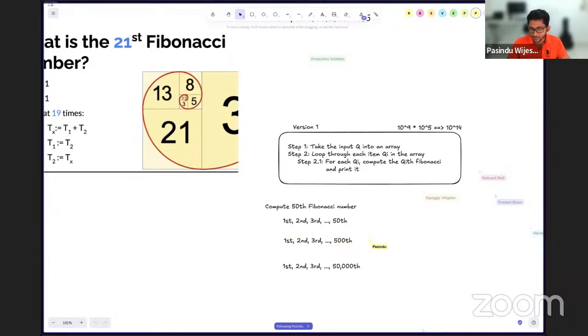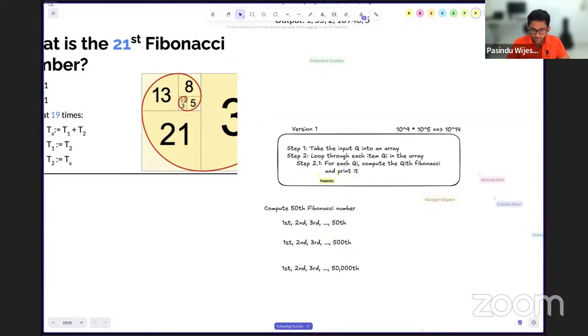So what if, instead of handling each and every Qi, first you take a look through Q and see what the maximum number is? Then you compute from 1 up to that maximum Qi Fibonacci number.